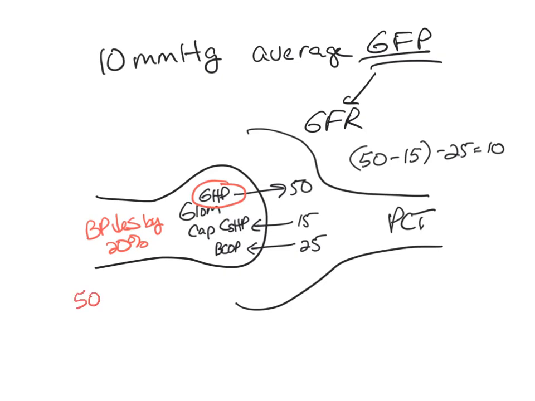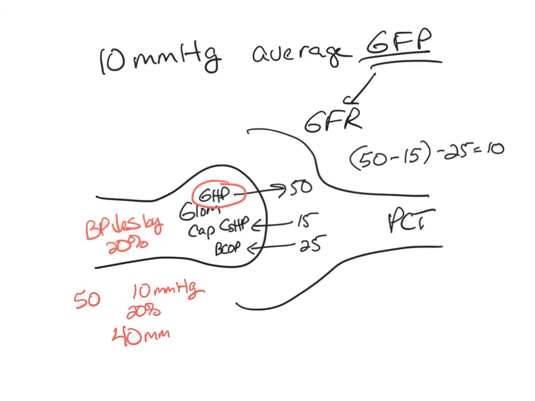So if we take 20% of 50, 20% of 50 is 10 millimeters of mercury, and so we're saying if our glomerular hydrostatic pressure drops by 10 millimeters of mercury, which would be 20% of it, then we're down to 40 millimeters of mercury.